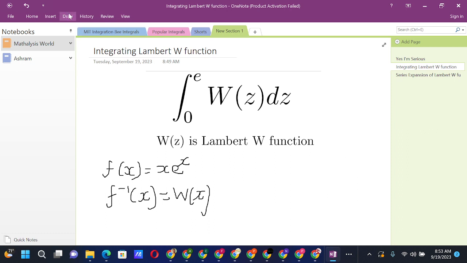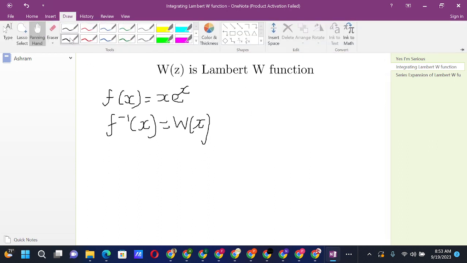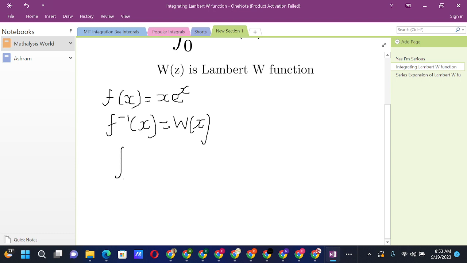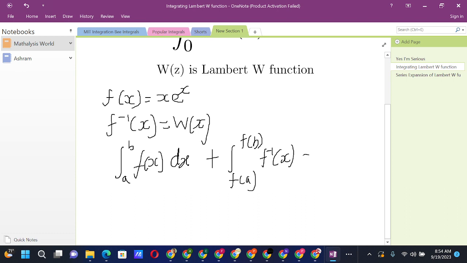For this, we have a property of integrals for inverse functions, which says that the integral from a to b of f of x dx plus the integral from f of a to f of b of f inverse x dx is equal to b times f of b minus a times f of a.